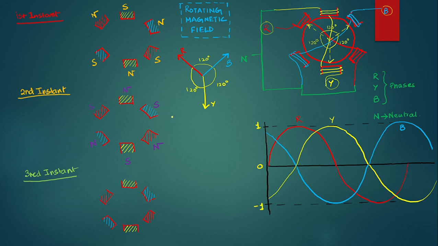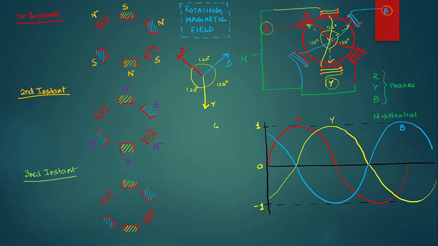Now let's talk about the AC signals that will be given to these R, Y, and B phases. We have already discussed the mechanical angle and electrical angle concept in class. The electrical angle is just half that of the mechanical angle.